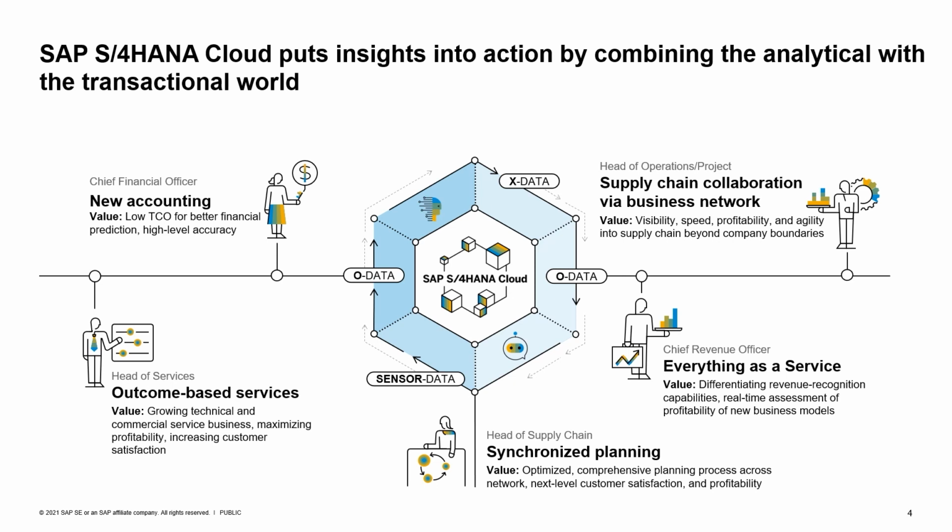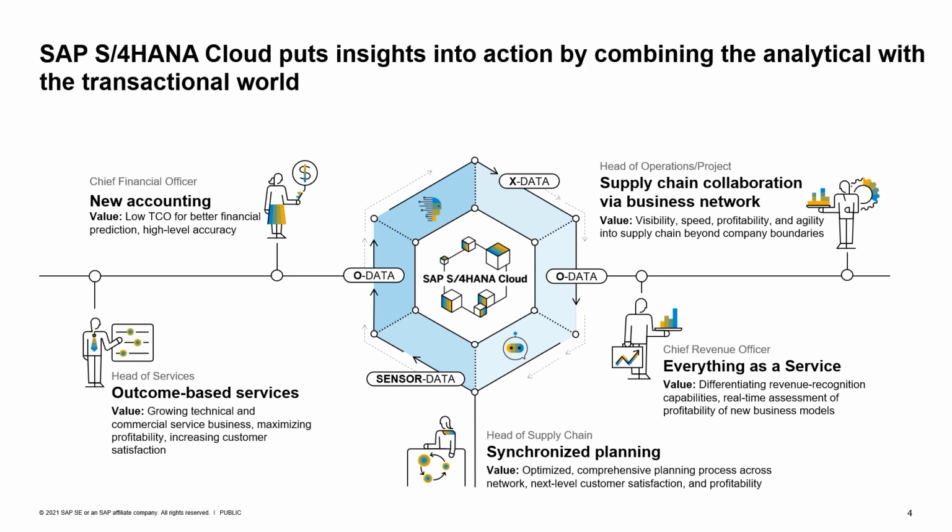SAP S/4HANA Cloud puts insight into actions by combining the analytical and the transactional world. And with that, we are actually able to reimagine business processes for our customers. In fact, with SAP S/4HANA Cloud, we have a solution for various lines of businesses. For instance, we are offering completely redesigned accounting for the CFO.